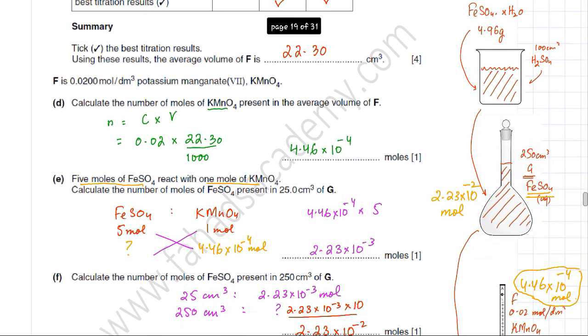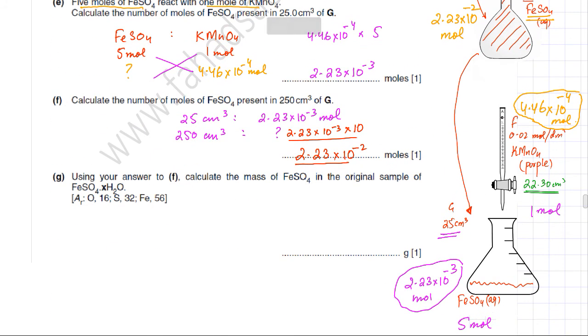So in the next part, you're now asked, using your answer to F, calculate the mass of FeSO4 in the original sample. So we have the moles of FeSO4, which is 2.23 times 10 to the power minus 2 moles.